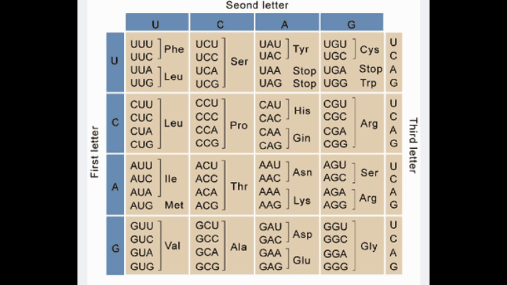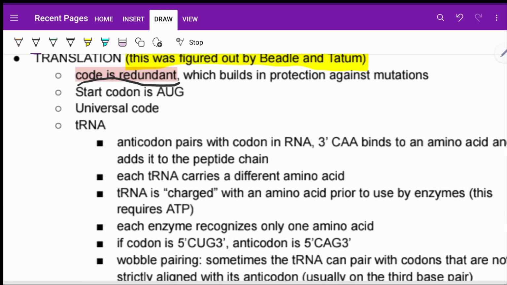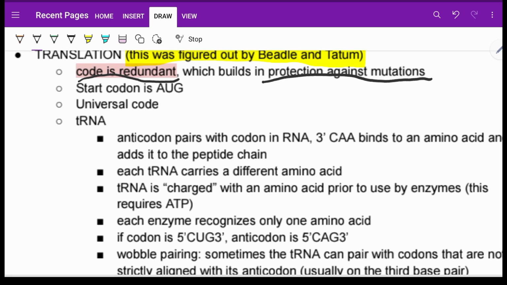So the tRNA can have a different third nucleotide in its anticodon than the third nucleotide in the codon, and it will still be able to bring the same amino acid to the polypeptide chain. This is really important because it helps decrease errors and mutations have less negative effects. That's why the redundancy is super important. It builds in protection against mutations and enables wobble pairing to happen without creating a bunch of problems for the organism.